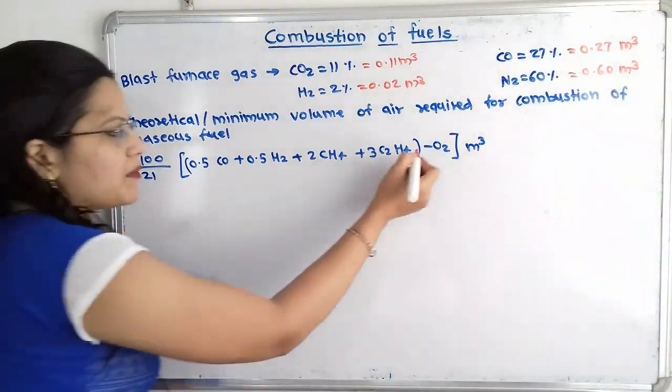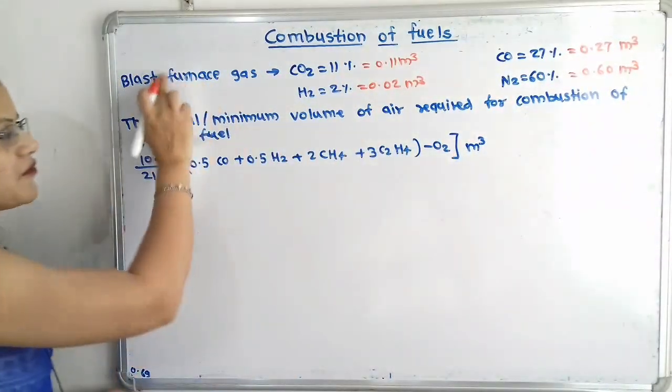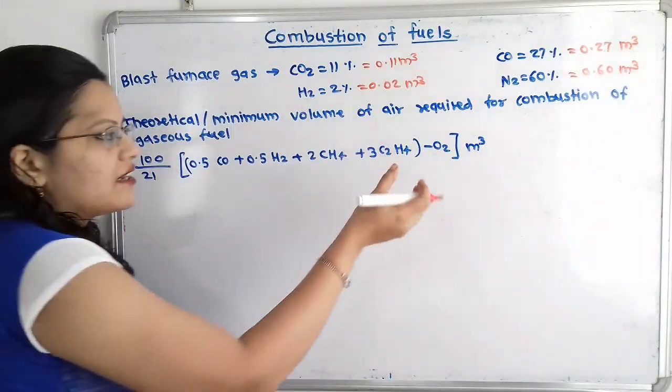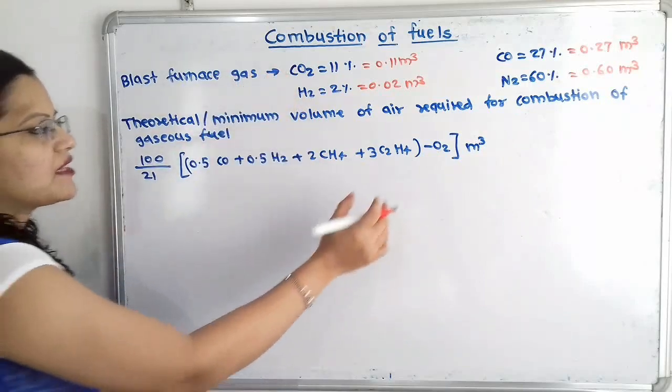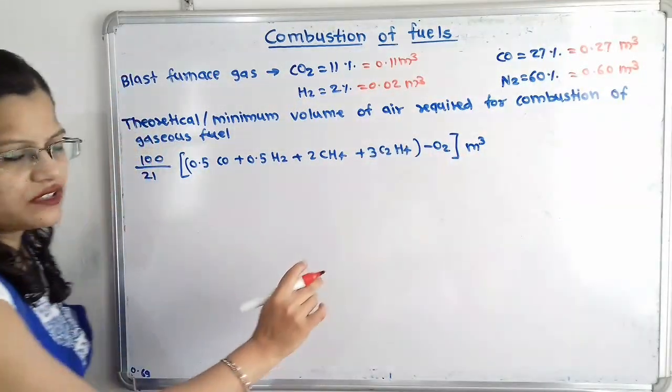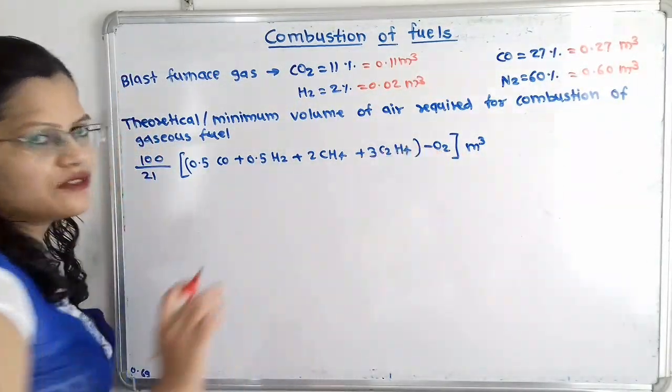Now why is there minus O2? If there is some oxygen present in the gaseous fuel, then we have to subtract this oxygen, and that's why there is minus O2.